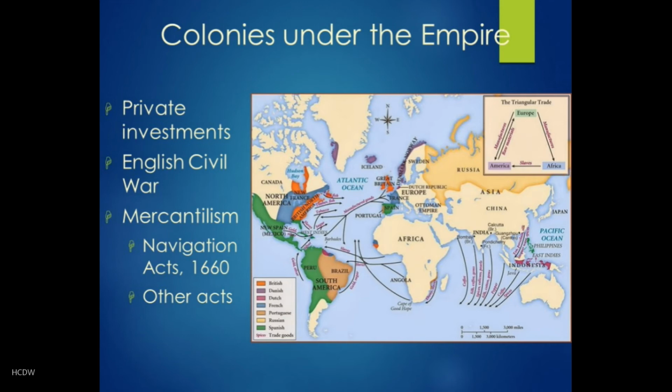As this relationship evolves, we see England pass a series of laws that are going to govern the economy of the colonies, beginning with the Navigation Acts in 1660, which said that colonists cannot employ foreign shippers, and that some items can only be sold to England.